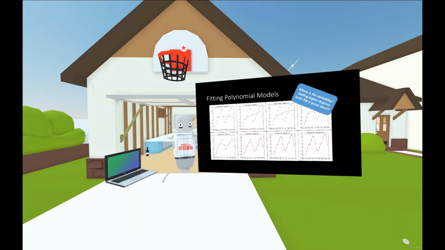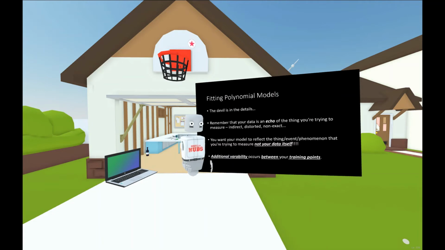Well, here's the problem, and the problem comes in between our data points, so to speak. As they say, the devil is in the details. Remember that the raw data you're collecting isn't actually what you're interested in. You're interested in modeling the thing that produced your raw data. All data is an echo of something else: indirect, distorted, and noisy. So when we're doing our modeling, we're not trying to replicate our raw data.